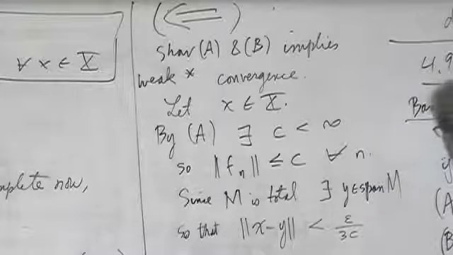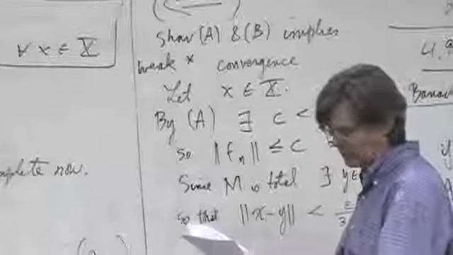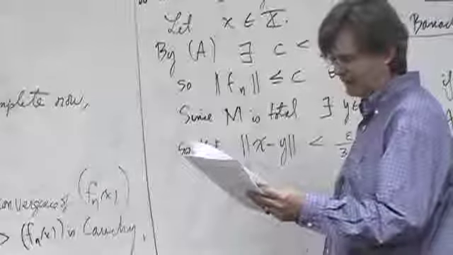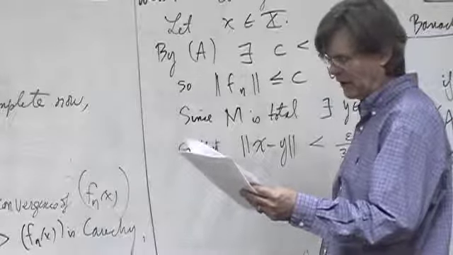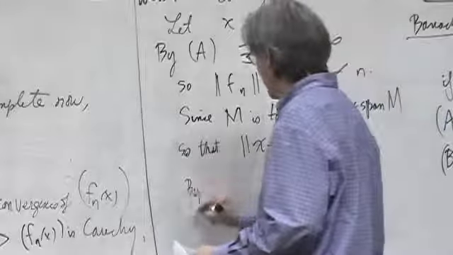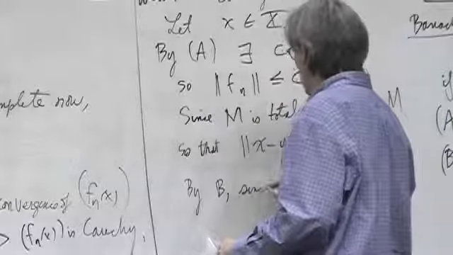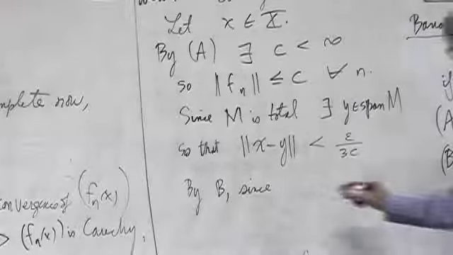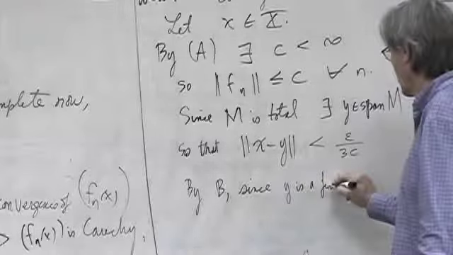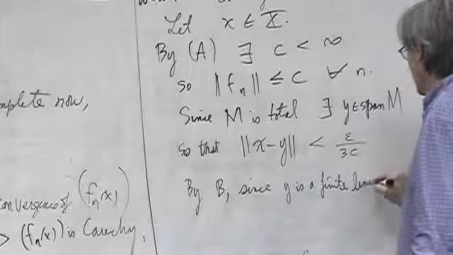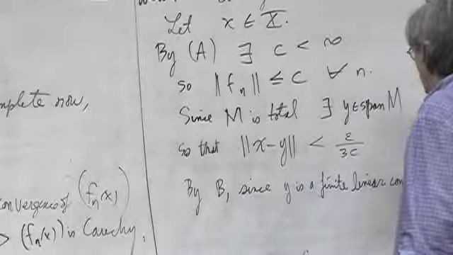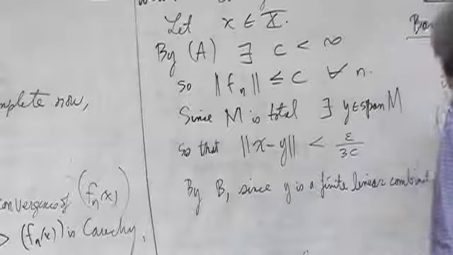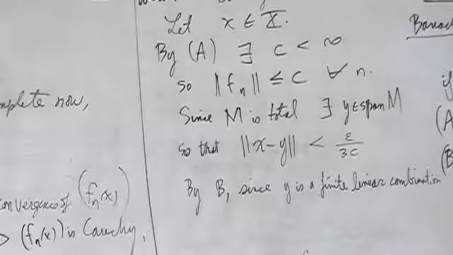Now what can I do with that? Now the rest looks like an analysis proof. By B, since Y is a finite linear combination of elements in M, this is the only complication here, because instead of saying a dense subspace, I said a total subset.